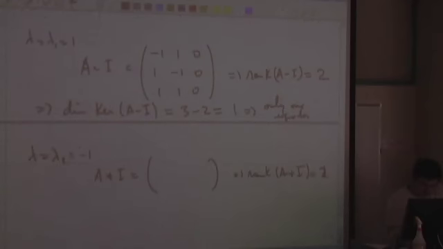Well, let me make this comment too. For the other one, which is simple, I don't even have to compute this. I know the rank is going to be 2. And we can talk about why this is, but the bottom line is if the eigenvalue is simple, there's going to be only one eigenvector.